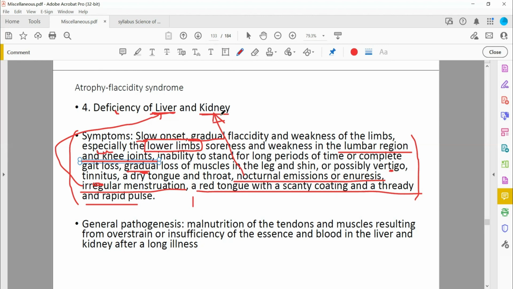And also this disease is about atrophy flaccidity, right? We know the liver relates to the blood, and the kidney to the essence.